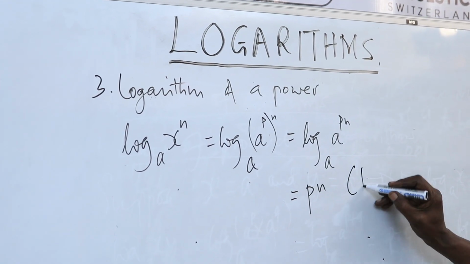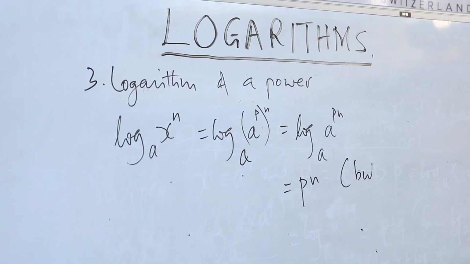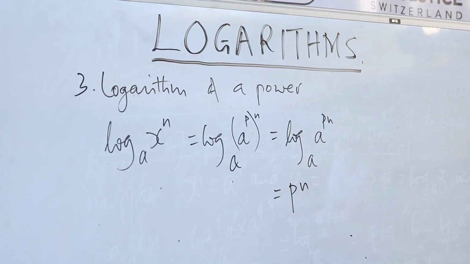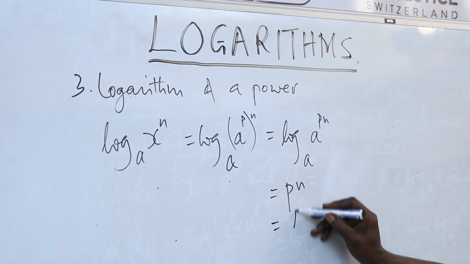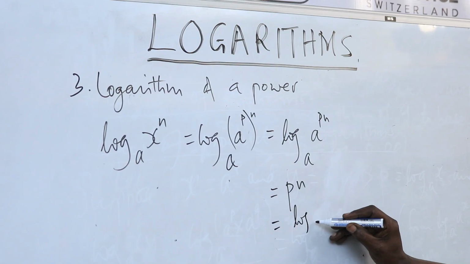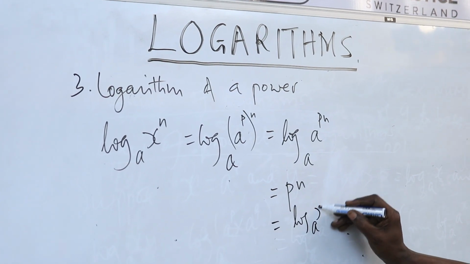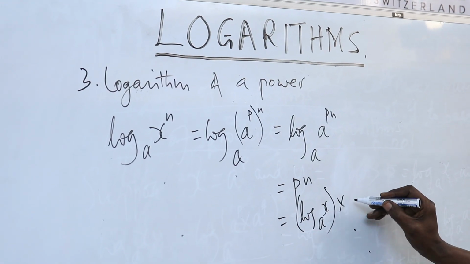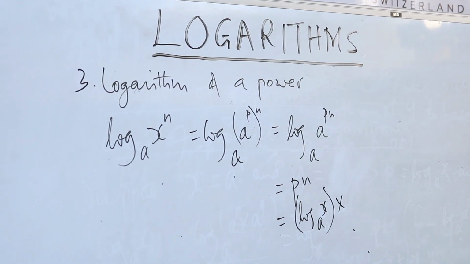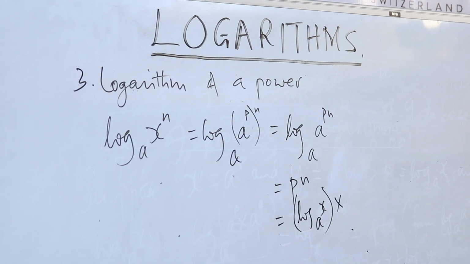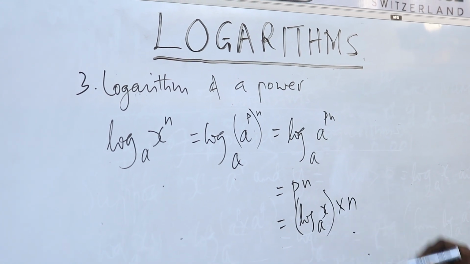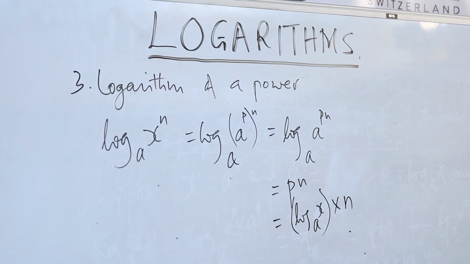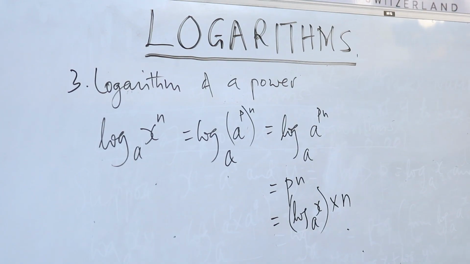But p is equal to what? Sorry, p is equal to log x base a from step number 1, where we defined p, q, x, and y.